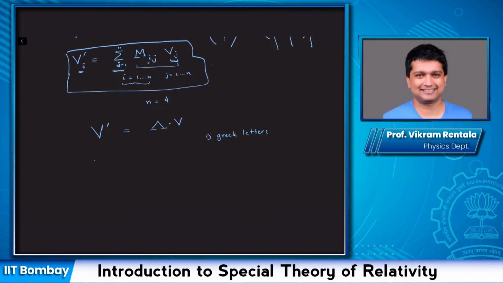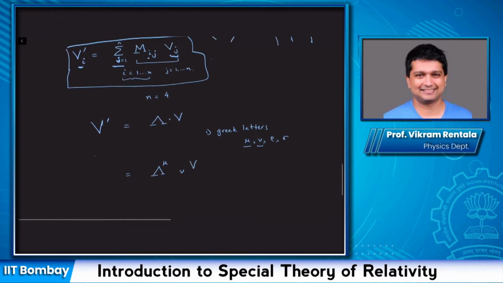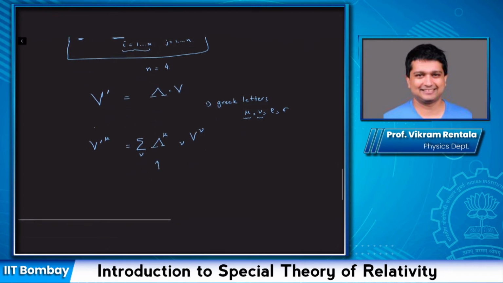So rather than use the letters I and j, we typically use things like mu, nu, rho, and sigma. So let's start with using mu and nu. And so we'll write this as lambda mu nu v nu and v prime mu, and a sum over nu over here. So lambda was a 4 by 4 matrix.